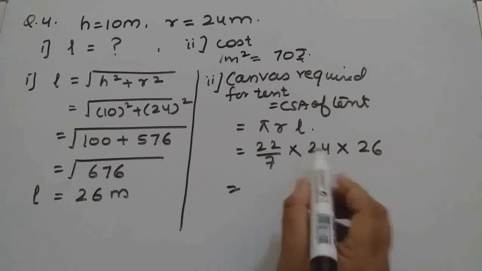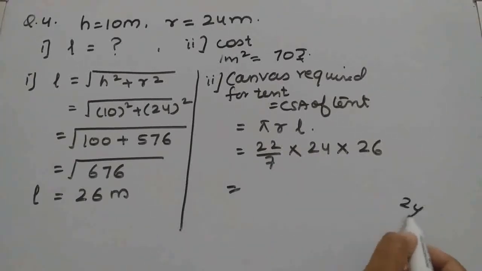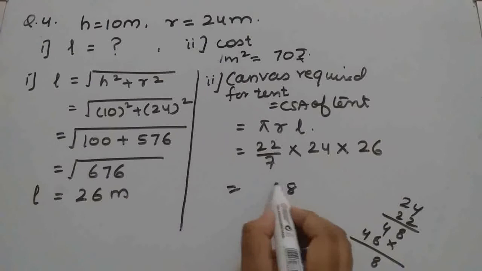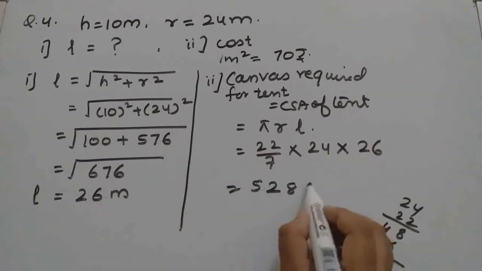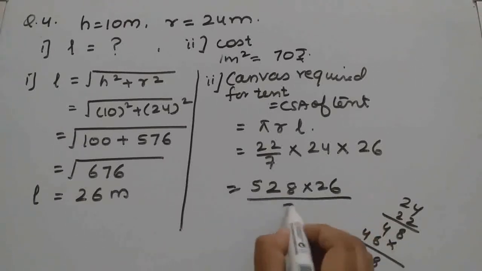So this we will multiply to get CSA. Okay, so we can multiply this 24 into 22, so 528 will come, then with 26 divide by 7.